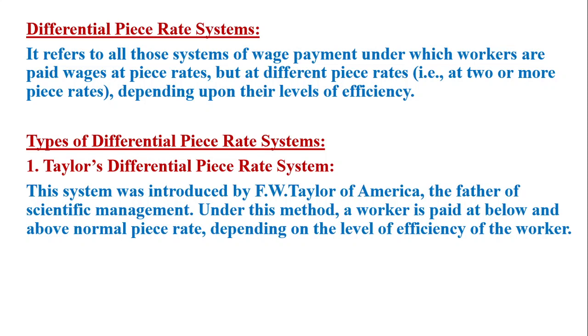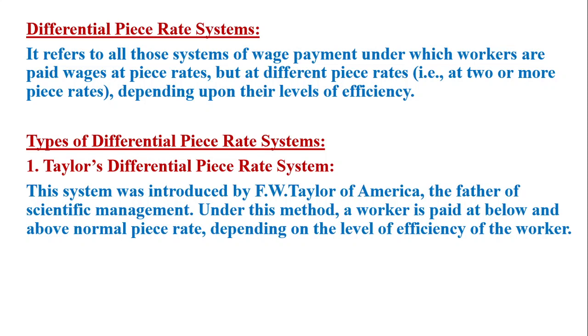Under Taylor's differential piece rate system, a worker is paid at below and above the normal piece rate. For example, if the normal piece rate is 10 rupees, the workers will get below 10 or more than 10 also.